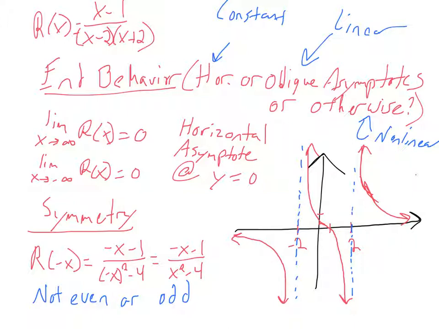Okay. All right, so sort of giving you the outline, I'm going to give you another example here, and I'm going to have you graph it on your own using the same process. That function will be r of x equals x squared minus 1 over x.